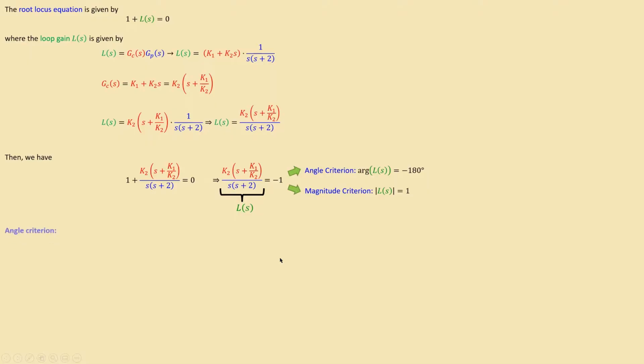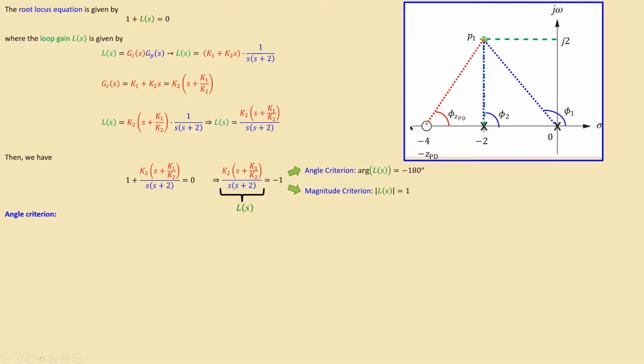So let's look at the angle criterion in more detail. First, let's sketch the situation. This is actually what we already had: the 0 and the -2 for our open loop system. And this is our design point, to which I've now added the phases, phi1 and phi2, which I will discuss shortly, and I've also added the zero of my PD controller.